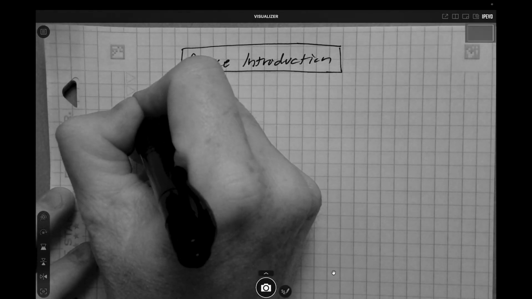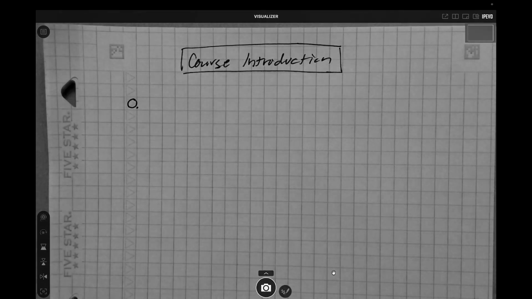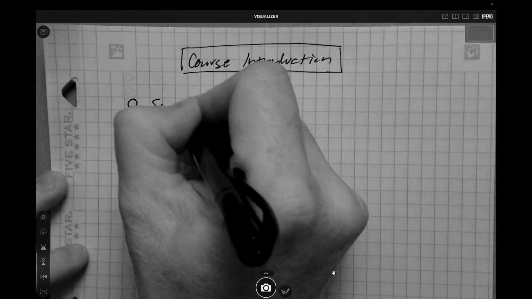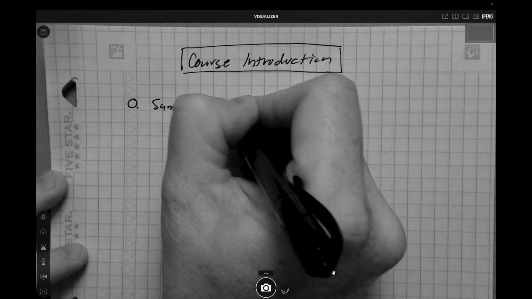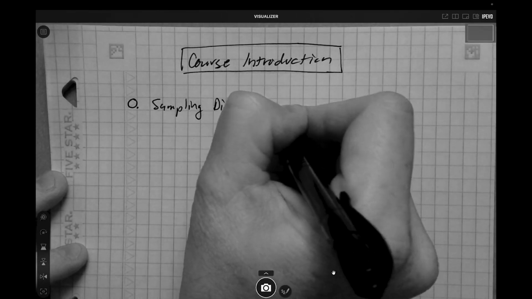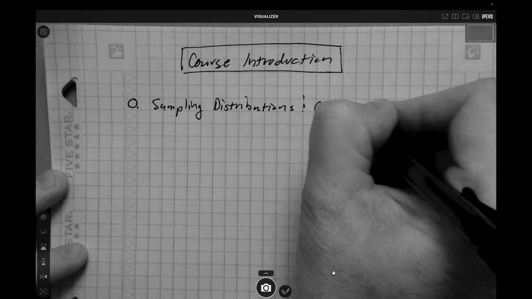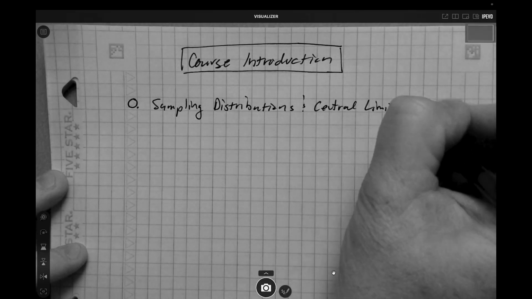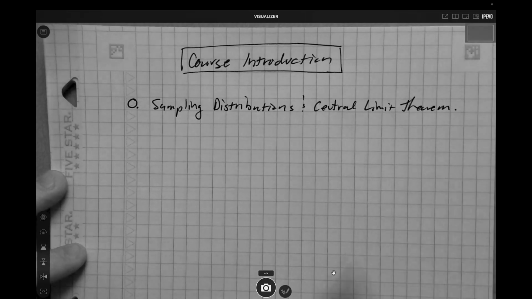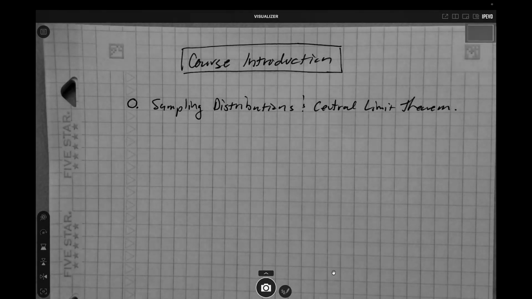I do need to start by saying that there is sort of a zero topic here, and that is sampling distributions and the central limit theorem. That topic was actually covered in detail in my previous course, called probability theory.